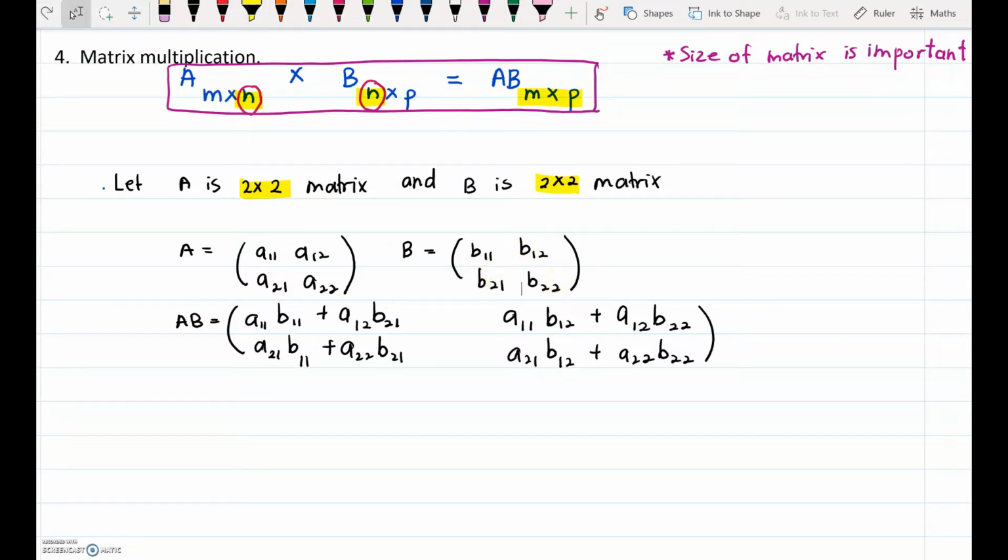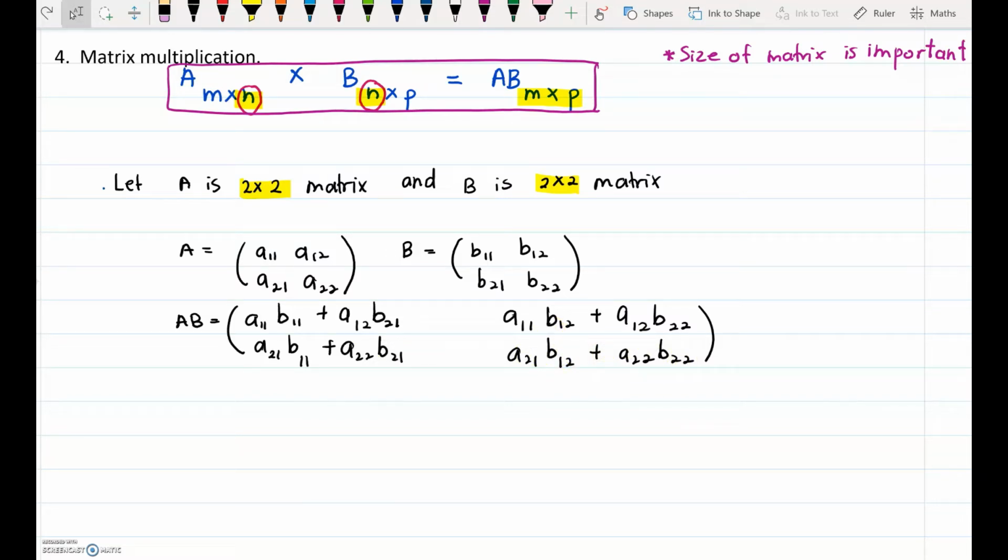The formula will be A11 times B11 plus A12 times B21, and then A11 B12 plus A12 B22 for the second entry in row 1. And then next we have A21 B11 plus A22 B21 and A21 B12 plus A22 B22.